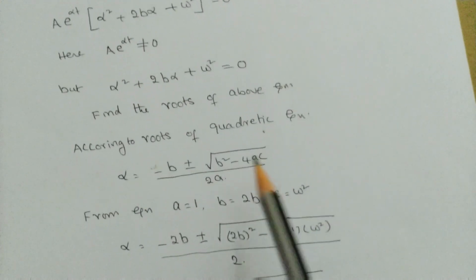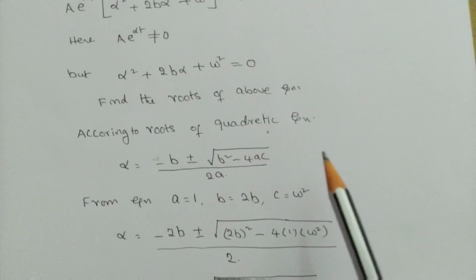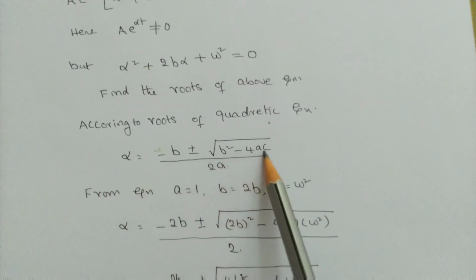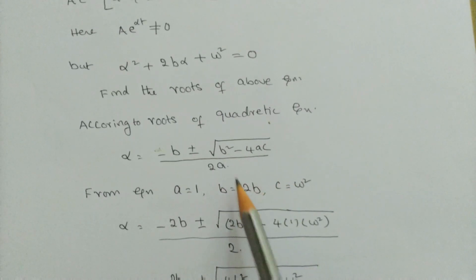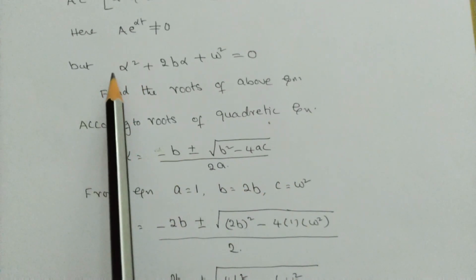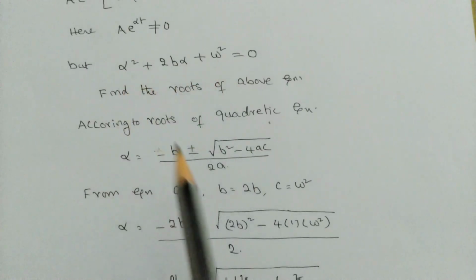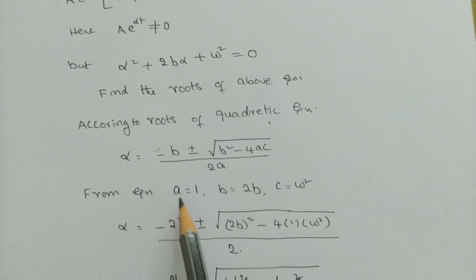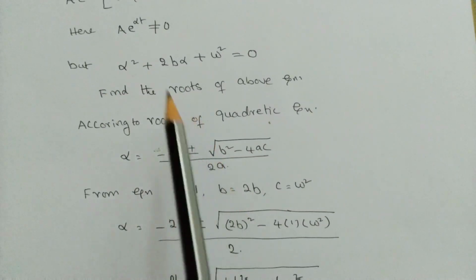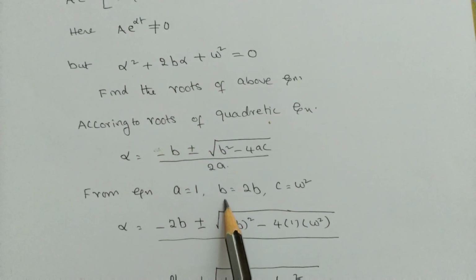According to the roots of a quadratic equation, we know very well alpha is equal to minus b plus or minus root of b square minus 4ac, by 2a. This is like a x square plus b x plus c. Now at the position of a, a equals 1, then at the b position that is 2b, and c equals omega square.